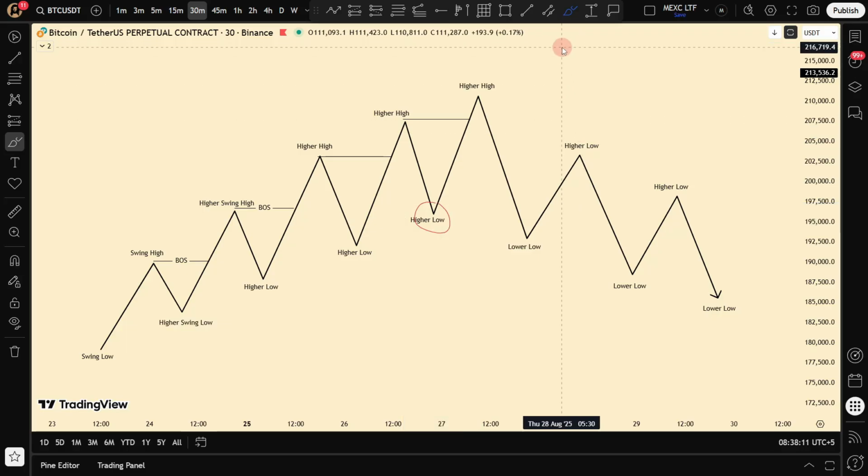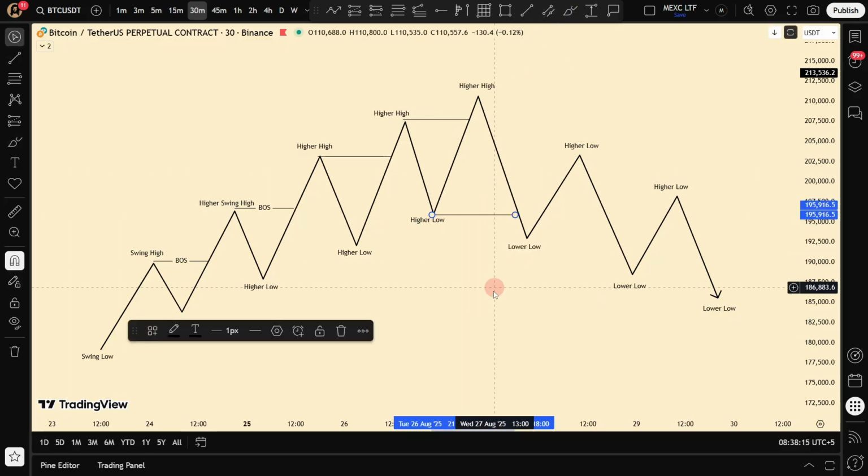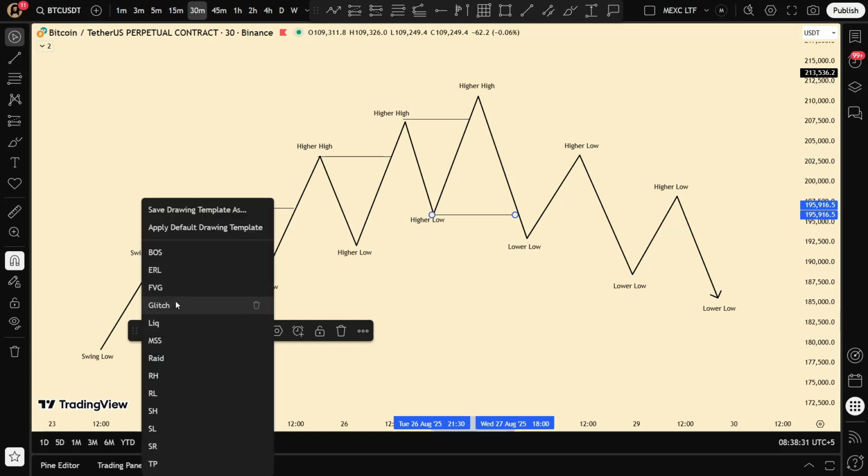So once we get a body closure below this level, we call it a market structure shift. Some call it change of character, CHOCH. I call it market structure shift because it's easier to say. The MSS.